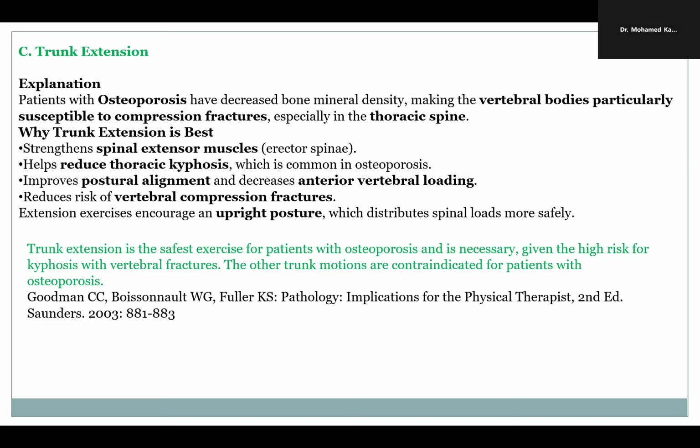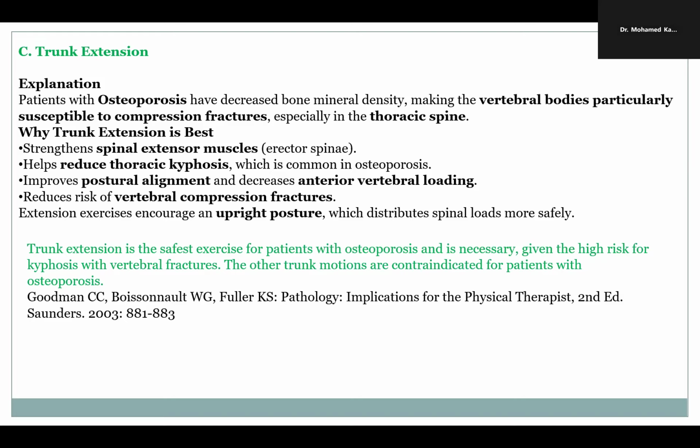So why is trunk extension the best? When we strengthen spinal extensor muscles like erector spinae, this will help reduce thoracic kyphosis, which is common in patients with osteoporosis. Not only that, when we strengthen the trunk extensors, we are also improving postural alignment and decreasing anterior vertebral loading, and all of these factors will reduce the risk of vertebral compression fractures.